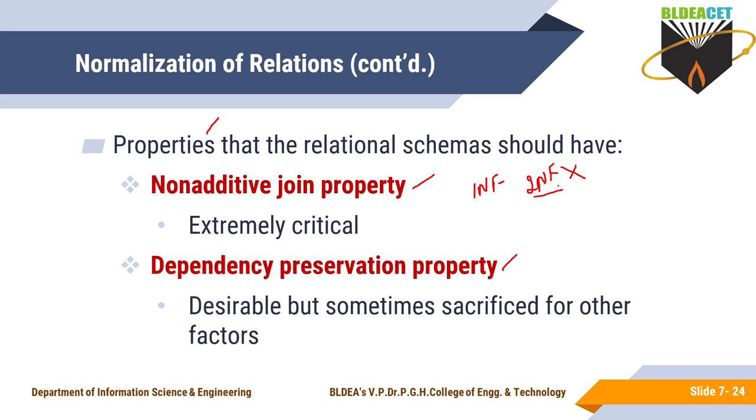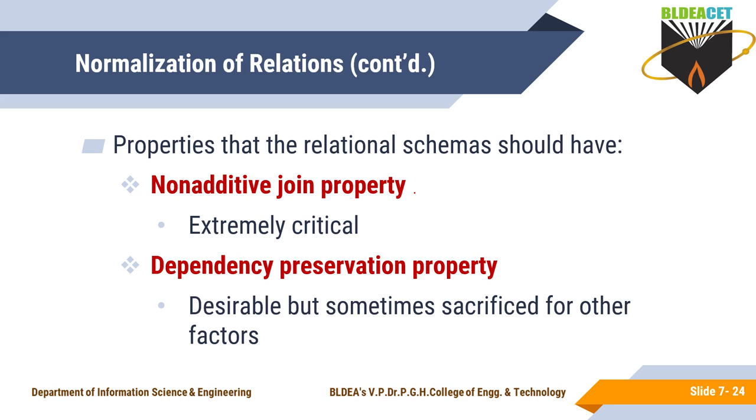If you want to fulfill those tests or pass those normal forms, one thing you remember: you have to check whether it is a non-additive join property or not. Non-additive join property means, if you join two relations, after joining those two relations, the tuples you get remain as they are.